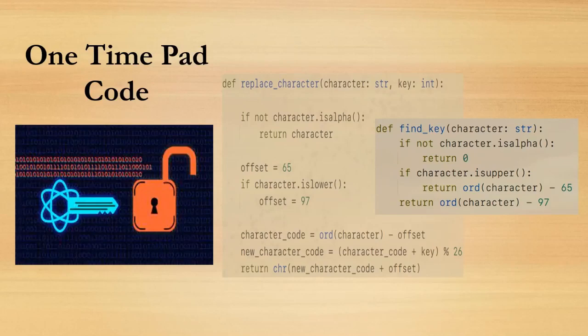Then the same thing, and here is a new part for the one-time pad code for finding the key in character. If the key is not a character, then we will return to the main portion. For the character, we will find the character using the formula.